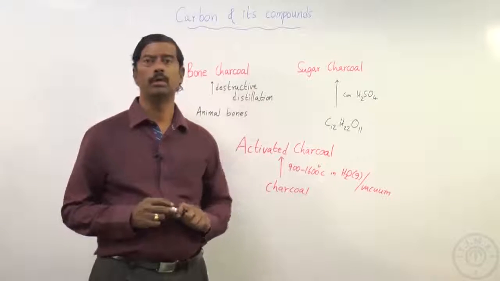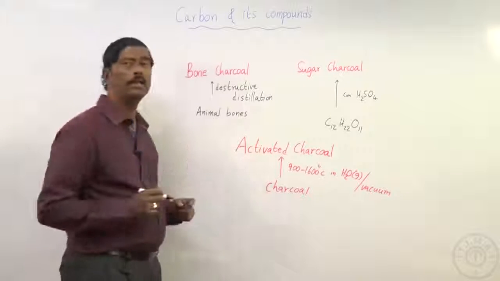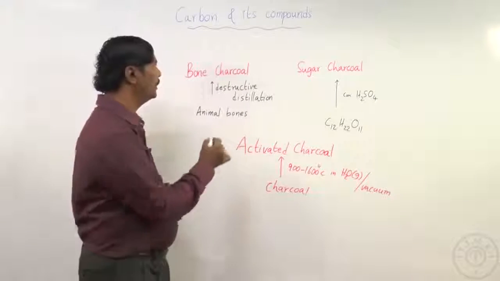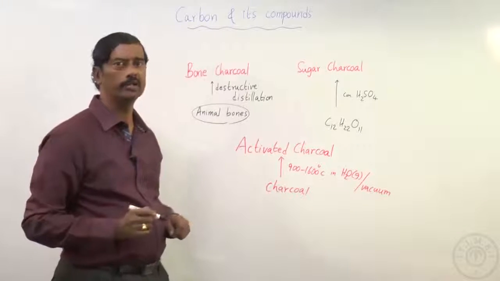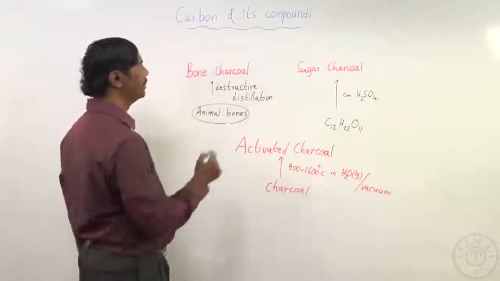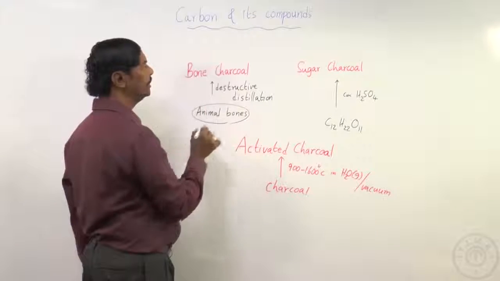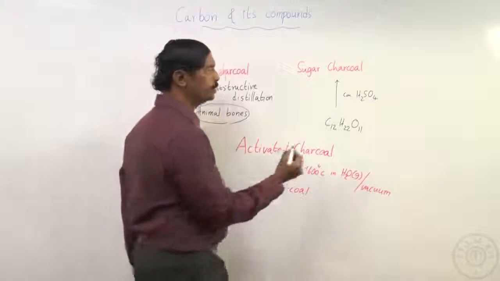Now we'll see how bone charcoal and sugar charcoal are made. Bone charcoal is also called animal charcoal, and you start out with animal bones. Animal bones have calcium phosphate, and then the coal part, on destructive distillation, is going to give bone charcoal. Then sugar charcoal comes from sugar.